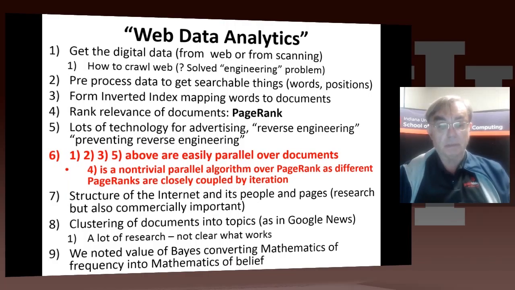Another important feature of this field is studying the structure of the internet. We will come back to something we did in the previous lecture, the bow tie structure. And of course, the social networking, something which we will not discuss in this lesson, is important with its linkages between people, and of course the linkages between people and pages.